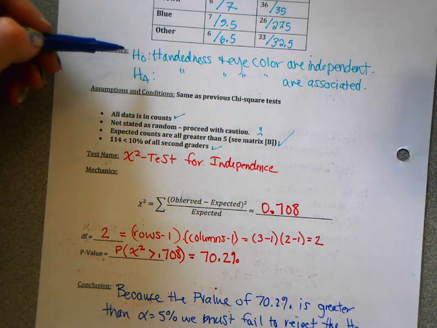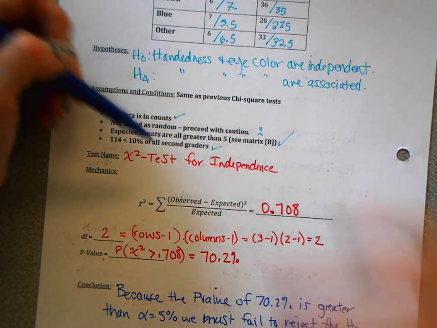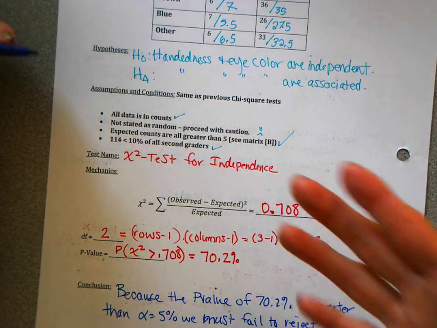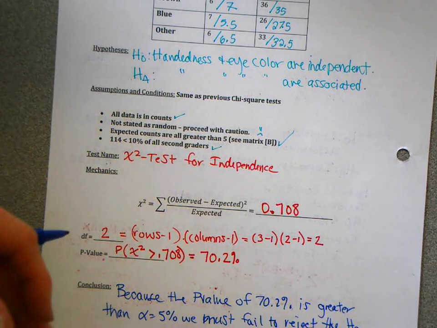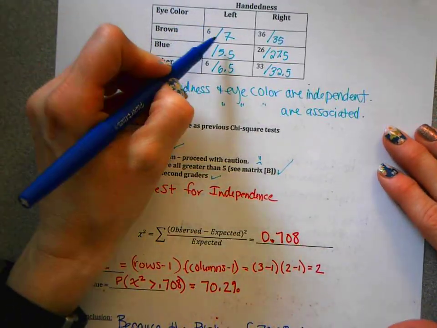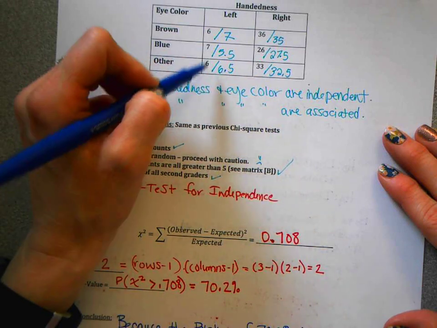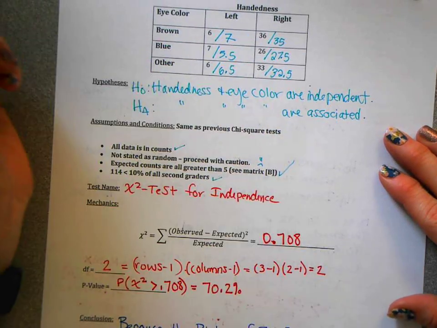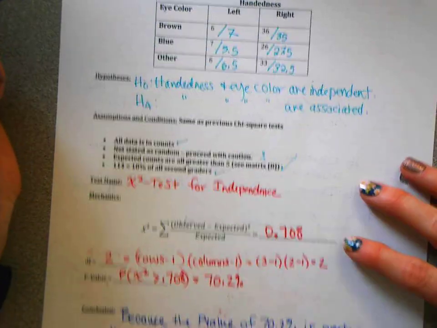It means really nothing. It's possible that if I took a different sample, or it was random, or a larger sample, that maybe there is an association. That's not something that we're allowed to use our data to decide. We can see, though, that we got pretty much what we expected in our observed counts. So that's why we ended up failing to reject, because it wasn't significantly different, the numbers that we see here.